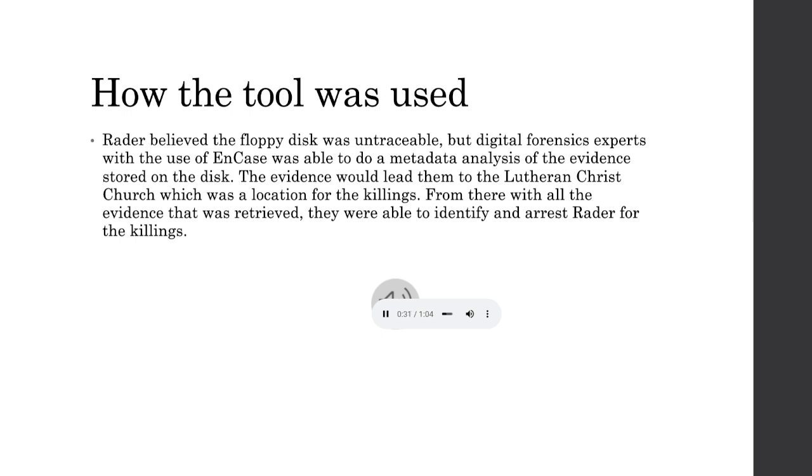And the evidence would lead them to the Lutheran Christ Church, a church that Dennis Rader was very involved in. And from there, they were able to retrieve evidence that assisted them in identifying and gave them the ability to arrest Rader, since they had evidence that proved that he was responsible for those series of killings.